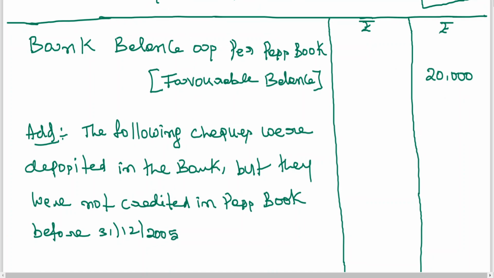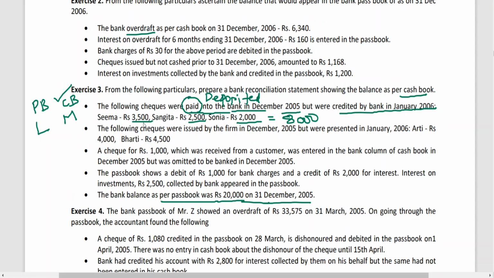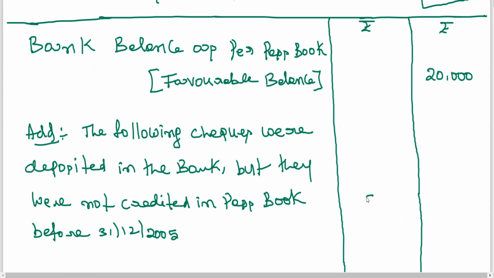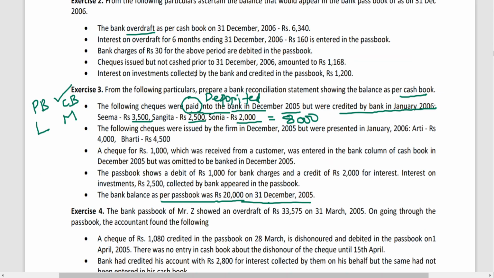For 31st December, what is the amount? Let us see. 3,500 plus 2,500 plus 2,000 is coming to 8,000. Am I right? 3,500, 2,500 and 2,000.